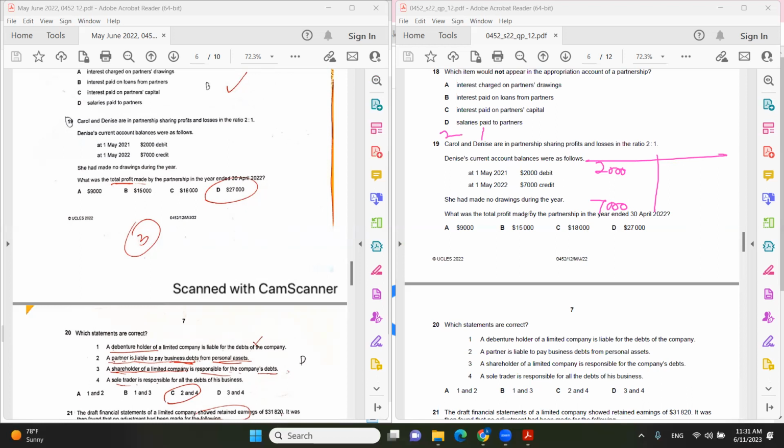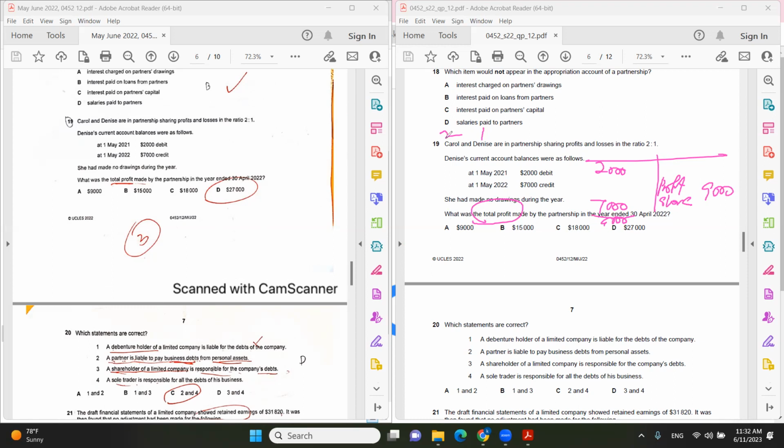What was the total profit made by the partnership in the year ended 30th April 2020? From here to here, there are no differences. How much is the total debit side? 9,000. So this 9,000 sitting in here, get it? This is a profit share. The question is asking the total profit made by the partnership.